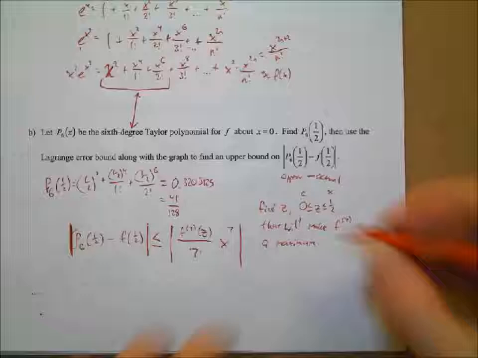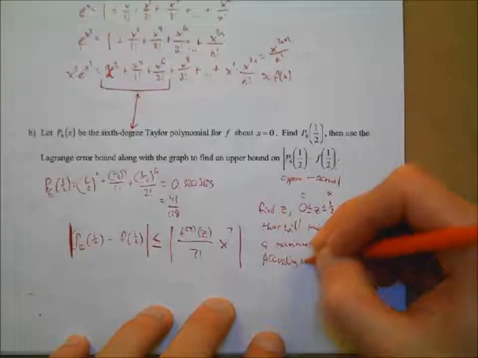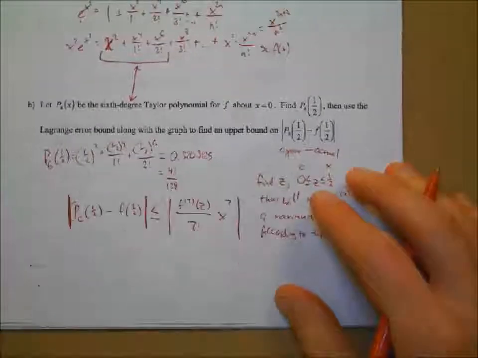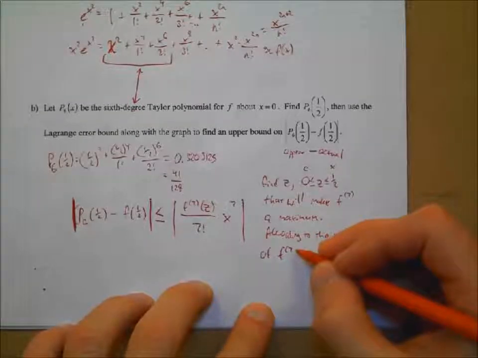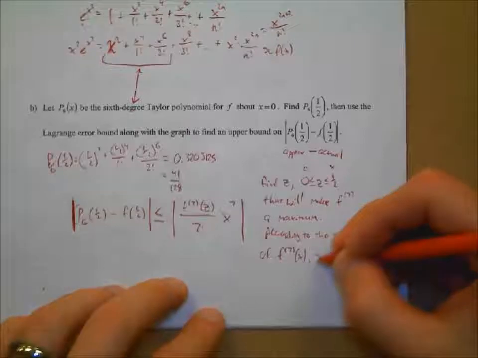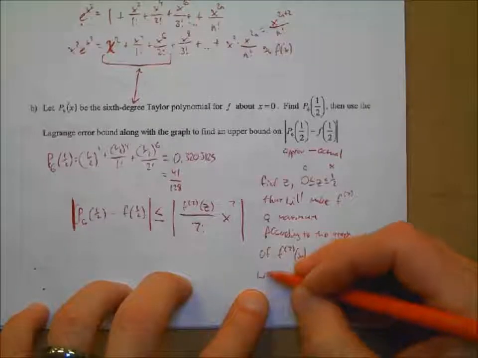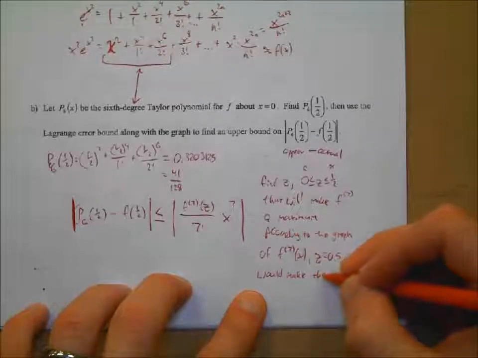And so according to the graph, the seventh derivative of f, I keep wanting to say f prime prime, but that's too many primes. The seventh derivative of f at x, z equals 0.5 would make the greatest value.